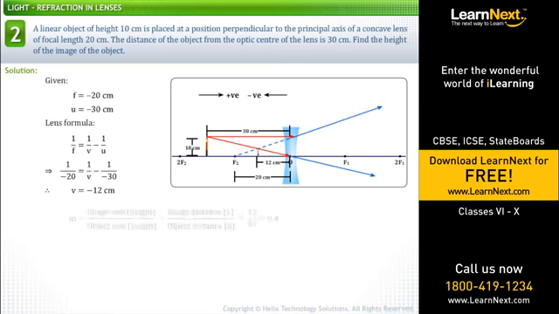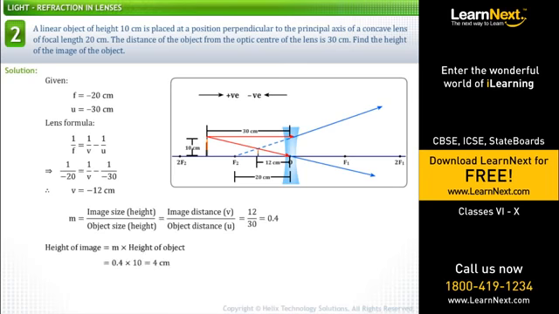Hence, the magnification m is equal to image size divided by object size is equal to v divided by u is equal to 12 divided by 30 is equal to 0.4. Hence, the magnification is 0.4 times and the height of the image is 4 centimeters.